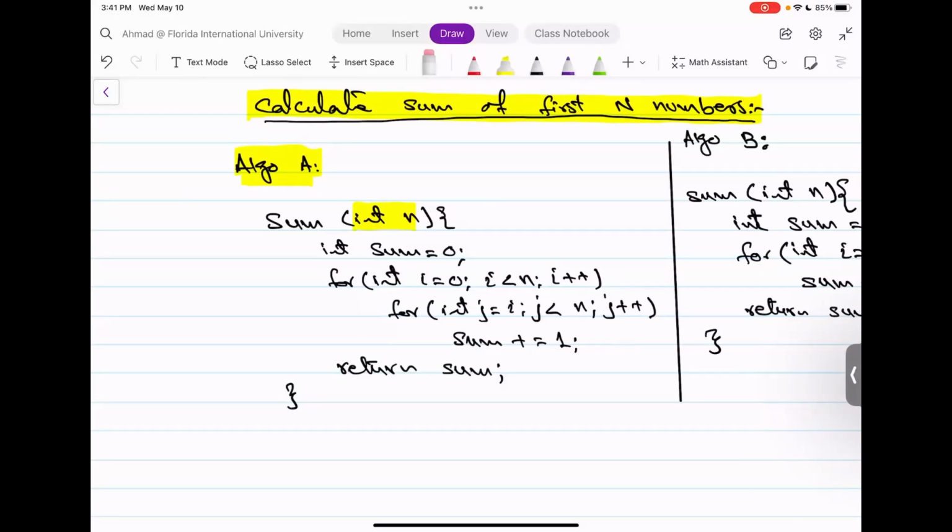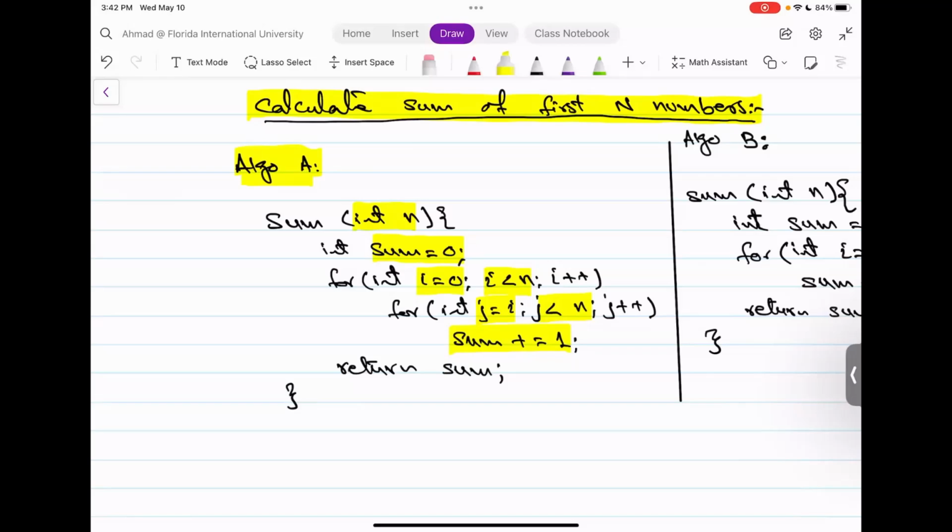For this, I'm going to have one variable, sum, which will hold the sum of the numbers, and then I'm going to run a loop from 0 to n. For example, if it is 5, I run this loop 5 times. Inside this loop I run another loop j, which starts from i and also goes to n, and I add 1 to the sum.